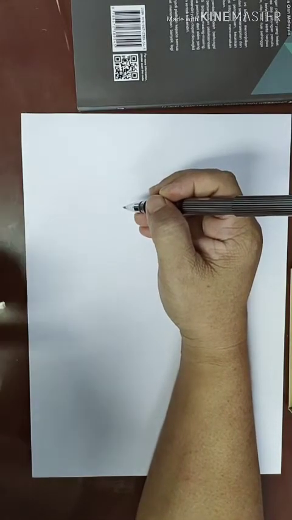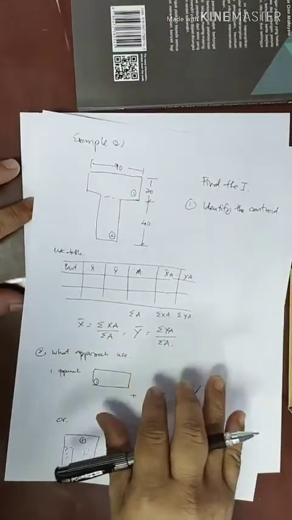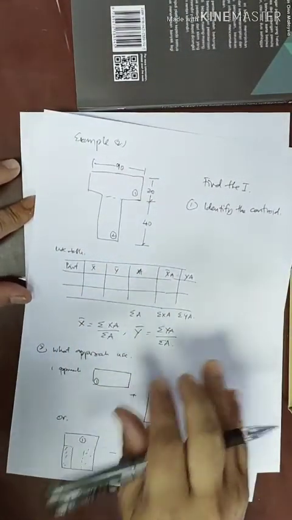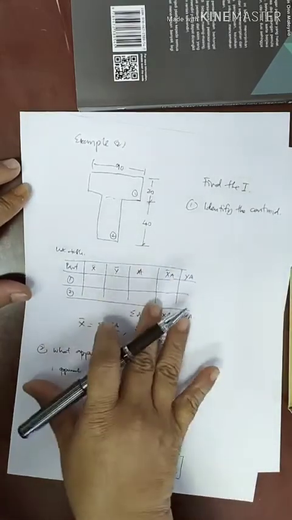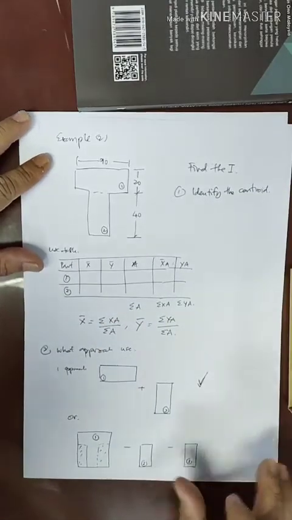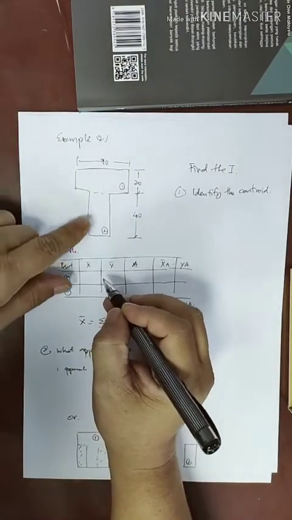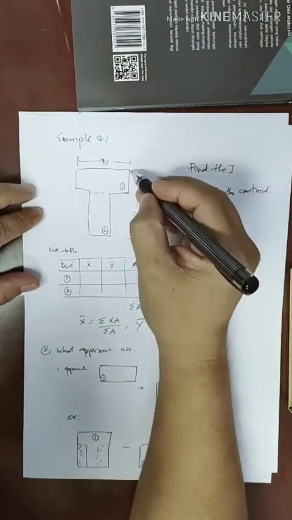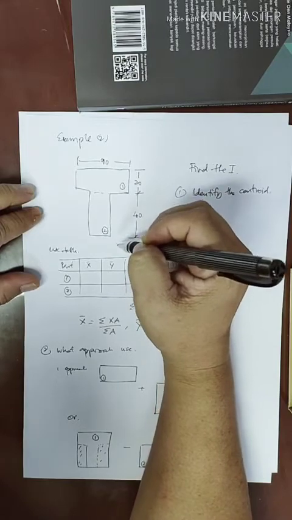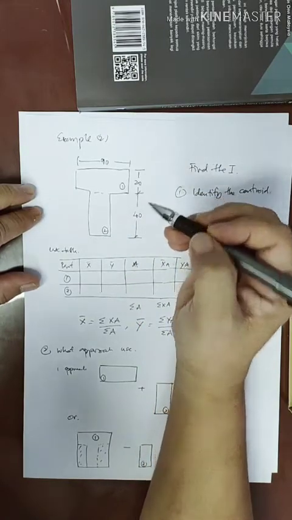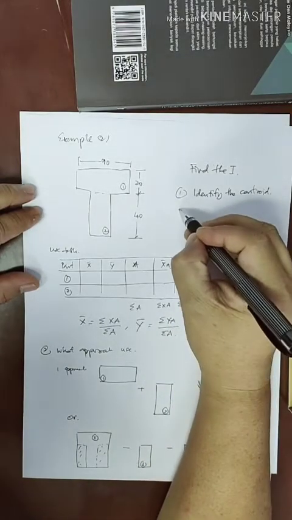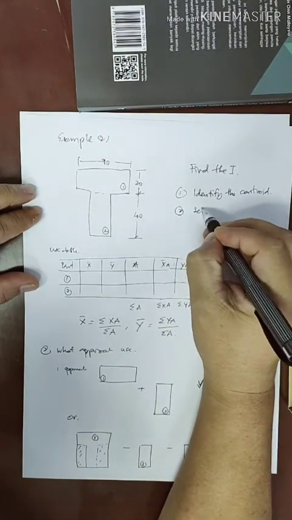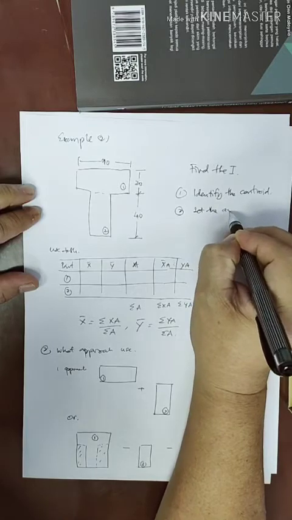So by using the same blocks here, you have part 1 and also part 2. So part 1 is equivalent to, what is the x, where is the y. So you have to initially set the axis.